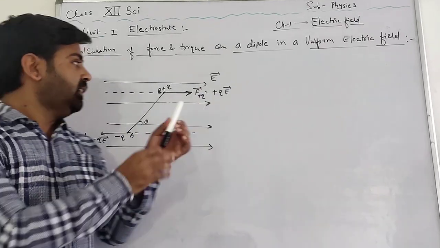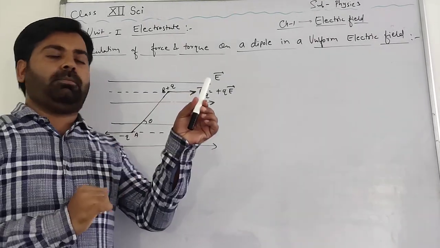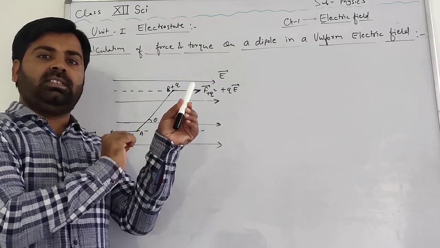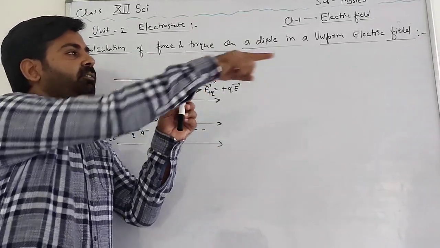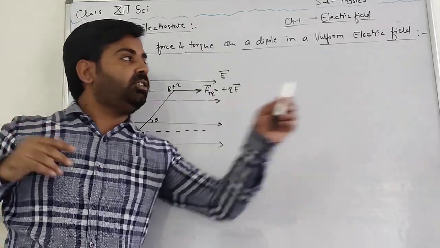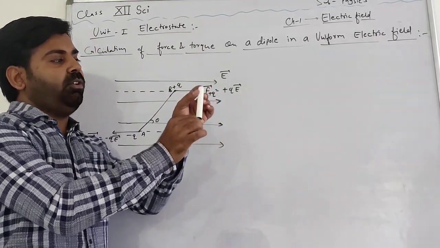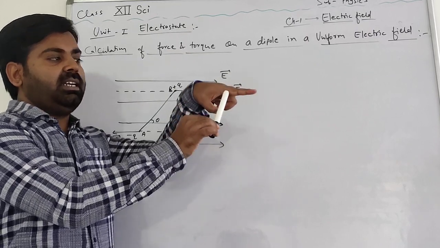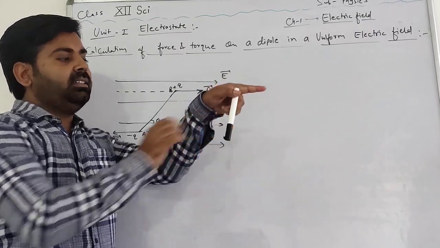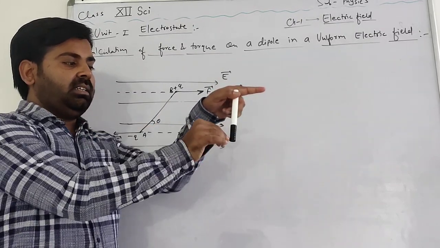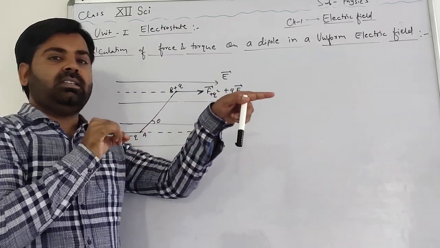See, this is the electric dipole. Here is the plus q charge and here is the minus q charge. The electric field intensity direction is from the left side to the right side. At plus q charge, the electric force direction is this direction, and at minus q charge, the electric force direction is here.